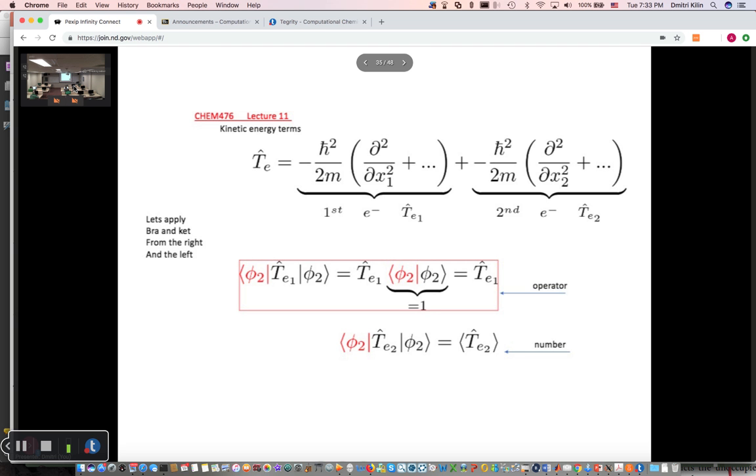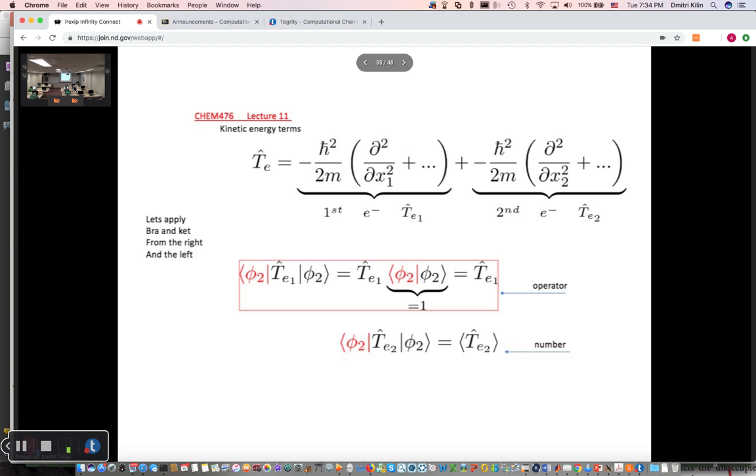We will get an expectation value of the kinetic energy of the second electron. But for us it is important that it is not an operator anymore. It will be a number. So upon the averaging procedure, the kinetic operator will be composed as a summation of T sub E1 as an operator and the expectation value of T sub E2 as a number. Okay?